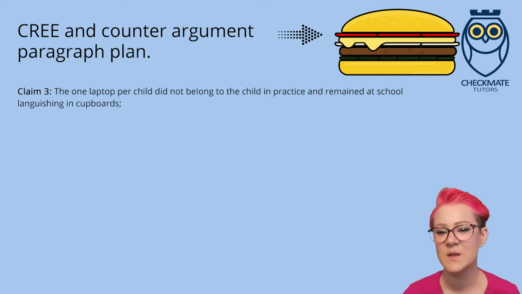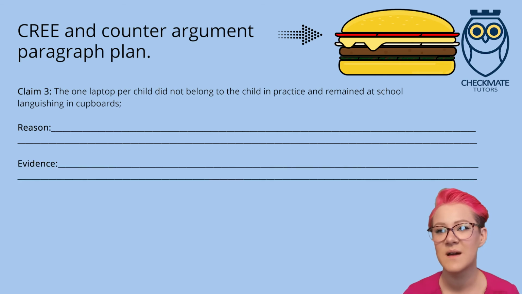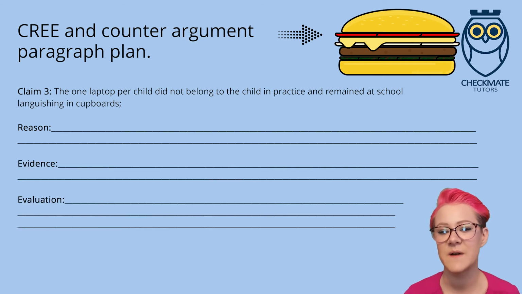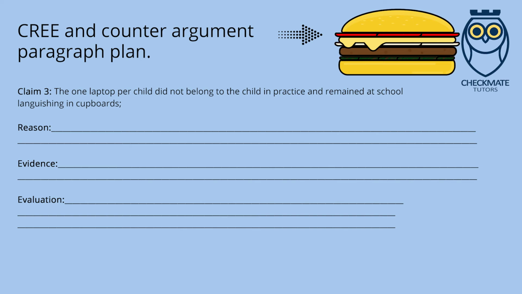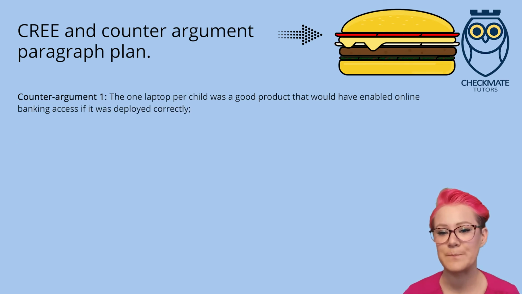Claim 3. The One Laptop Per Child did not belong to the child in practice and remained at the school languishing in cupboards. Reason, evidence, evaluation. Counter-argument 1. The One Laptop Per Child was a good product that would have enabled online banking access if it was deployed correctly.